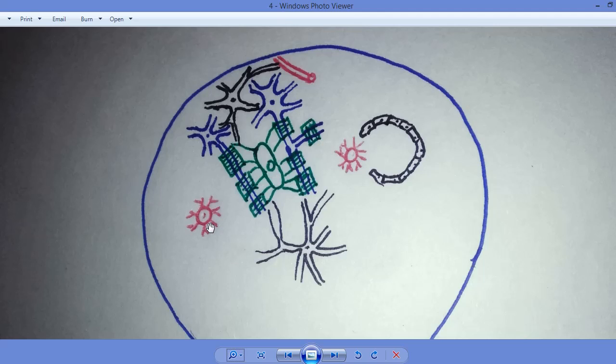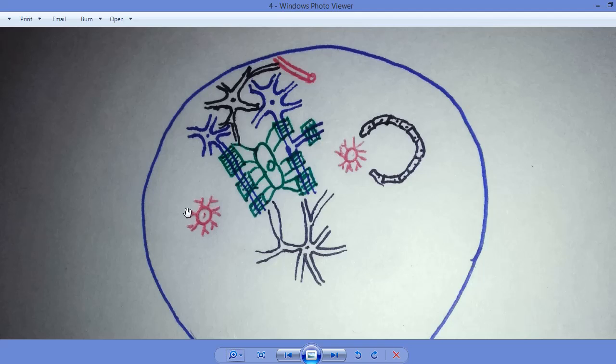It moves from one place to another in search of pathogens. When it comes in contact with a pathogen, it engulfs the pathogen, and the size of the microglia gets larger as it phagocytizes that pathogen.